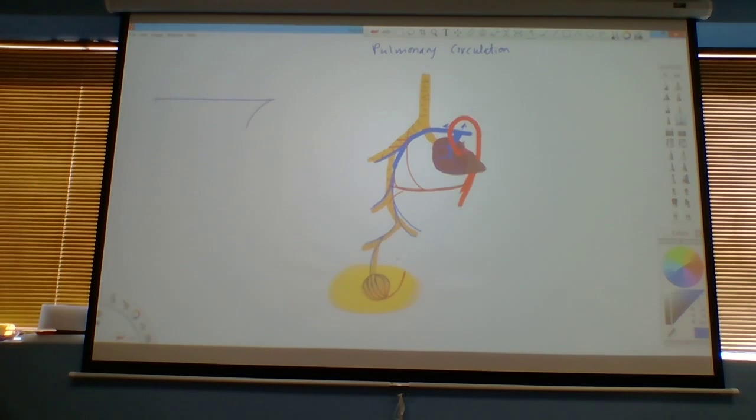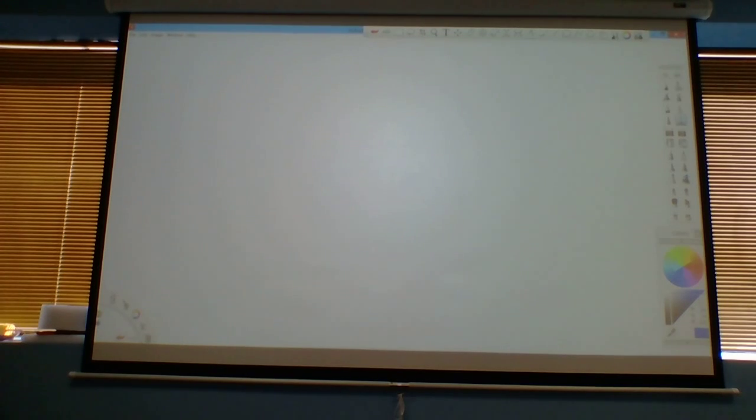If this is a pulmonary capillary or vessel, how would the pressure of oxygen affect this pulmonary blood flow? What do you think? Should an increase in oxygen cause vasodilation or vasoconstriction in these areas, in the lungs? So let's compare pulmonary circulation to other, non-pulmonary tissue.